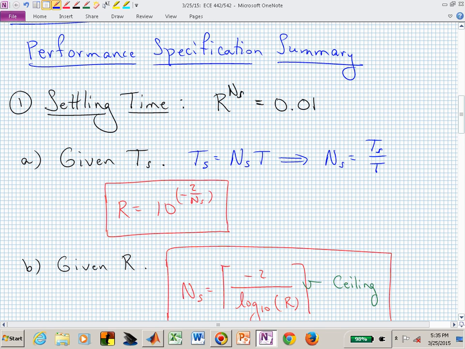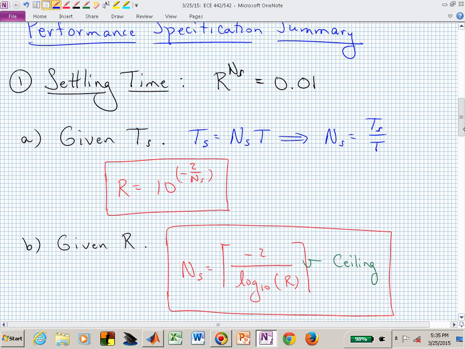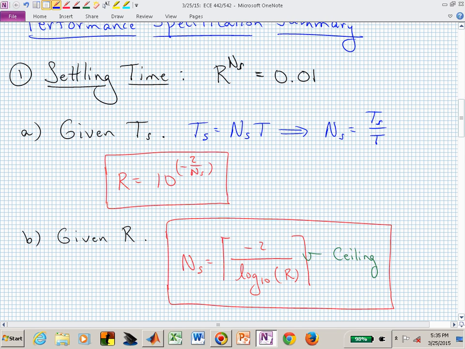That's where that relationship comes from, but that's the key relationship that we can then use to derive these two formulas that allow us to relate settling time and radius, and settling time specified in terms of sample periods if we are given the radius to start with. So if somebody says, oh, here are my closed loop poles, what's the settling time? You can use this second formula to determine how many sample periods it's going to take to reach a 1% settling time.